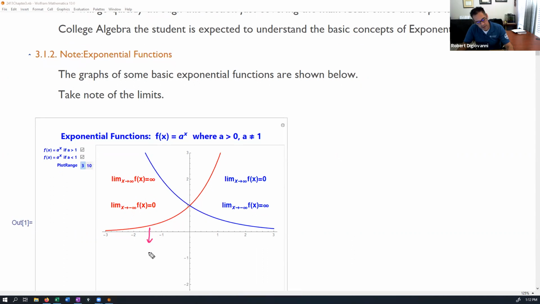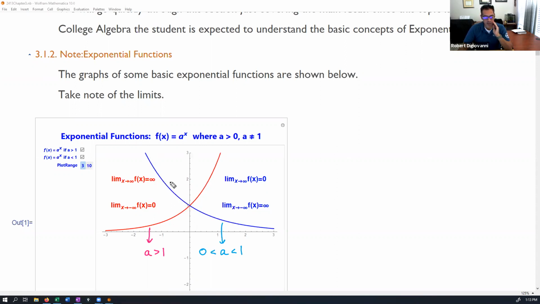This is the graph if a is greater than 1. And then this is the graph if a is less than 1, but also greater than 0. So the red one back in college algebra is what we call exponential growth. And the blue one we call exponential decay, because it's decaying very rapidly.